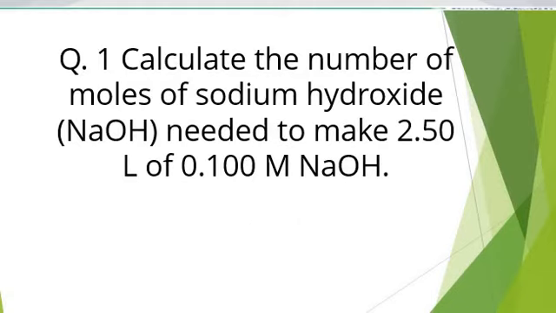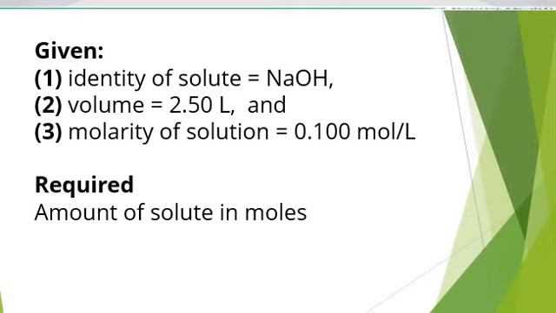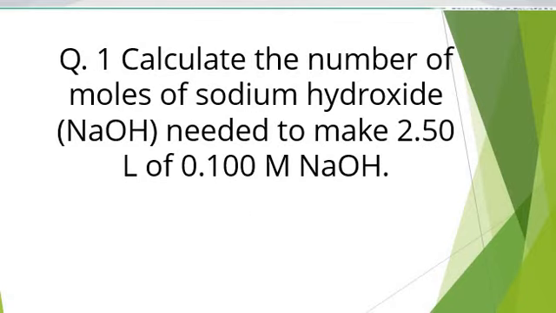This is the first example: we have to calculate the number of moles of sodium hydroxide needed to make 2.5 liter of 0.1 molar sodium hydroxide. We have certain steps. First of all, we should carefully read the numerical, so that we can determine what is given in the data. In this numerical, what is given is that the solute is sodium hydroxide, which is usually dissolved in water to make a 0.1 molar solution.